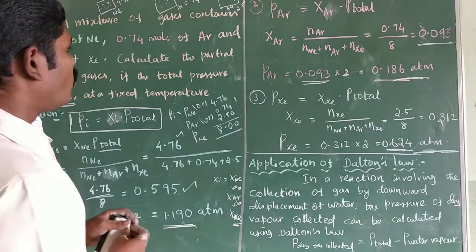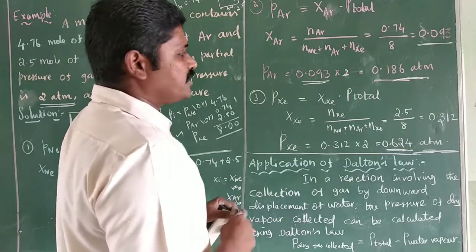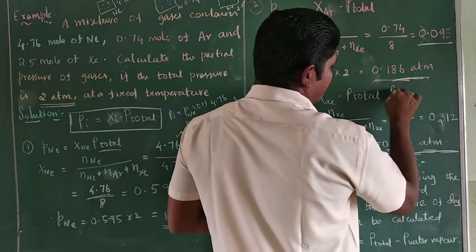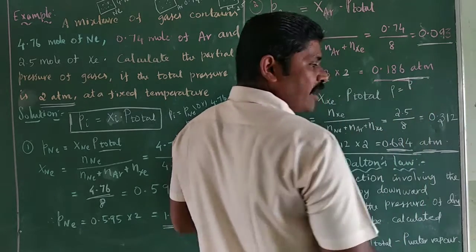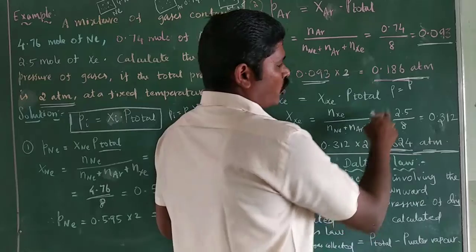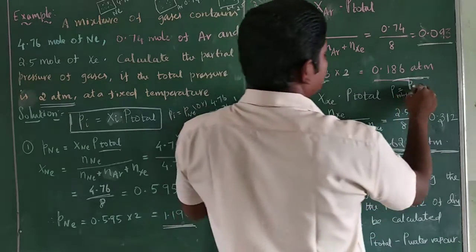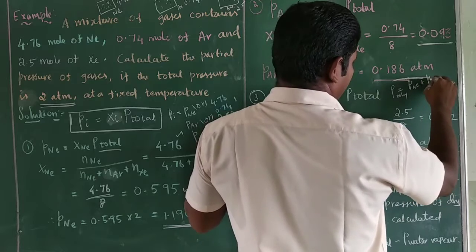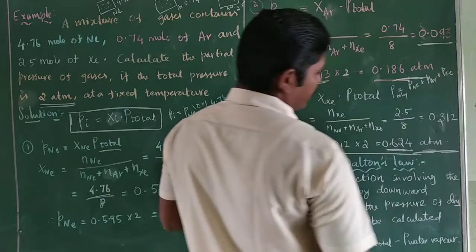Okay. So according to Dalton's law, the total pressure is equal to the sum of the partial pressures. So the total pressure is the partial pressure of neon plus the partial pressure of argon plus the partial pressure of xenon.